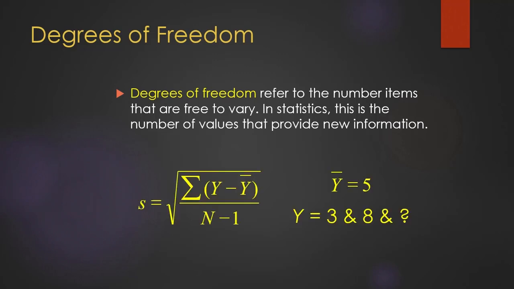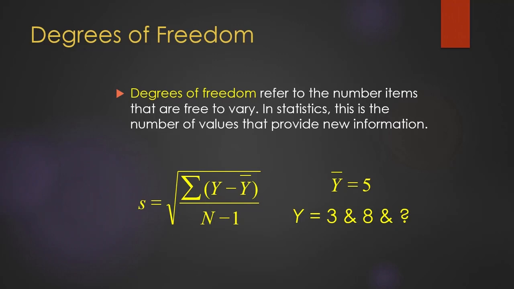So in statistics, when we are calculating an average, we don't always divide by n, the sample size. We divide instead by the number of new pieces of information that we have when we calculate the statistic.